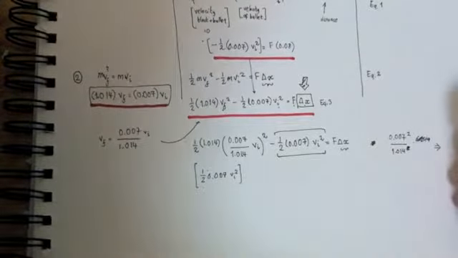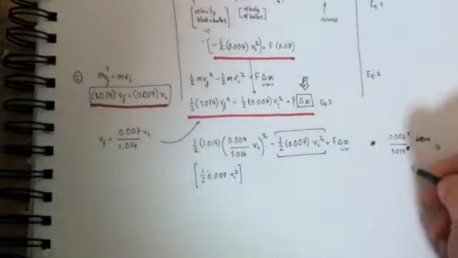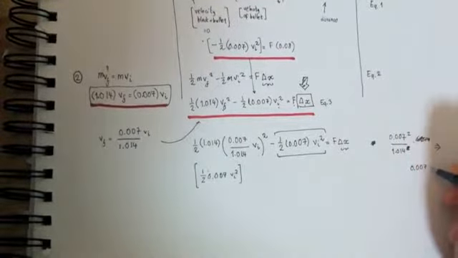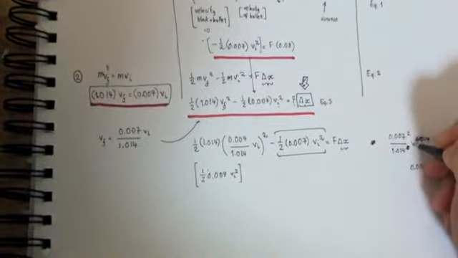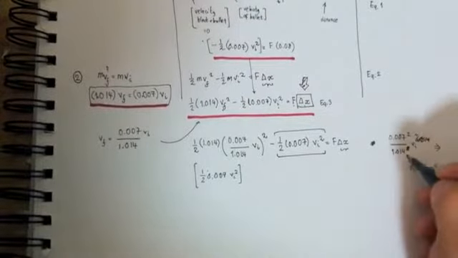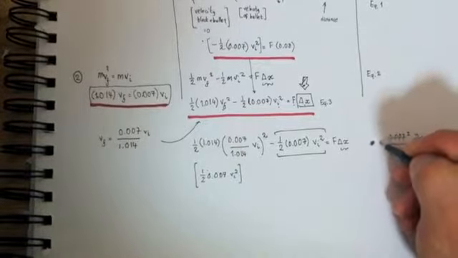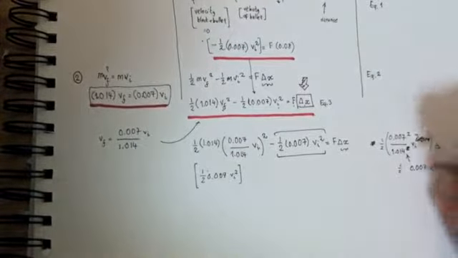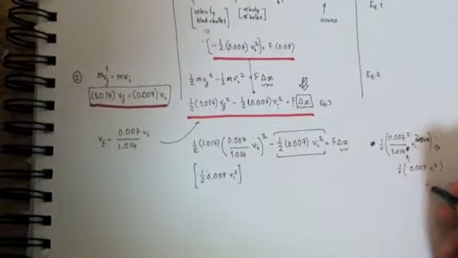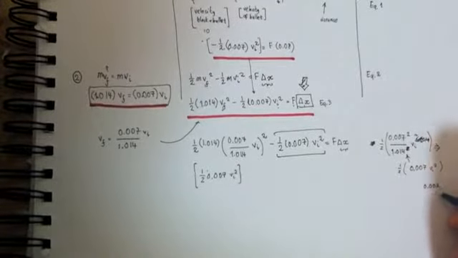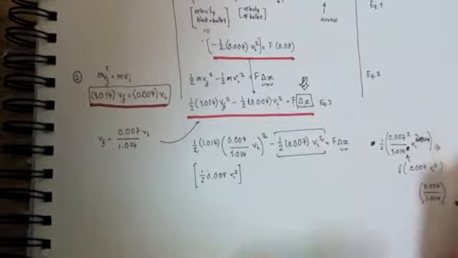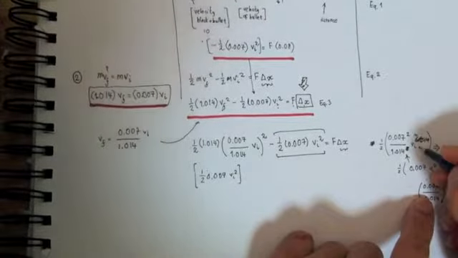let me just say, so what we have right now is 0.007 VI squared, and we want to translate that to this, because this is what we have right here, right? So actually it's 1/2, but we can get rid of that factor. So I'm going to say that if we were to multiply by 0.007 and divide by 1.014, and multiply these two together, then we would have this.